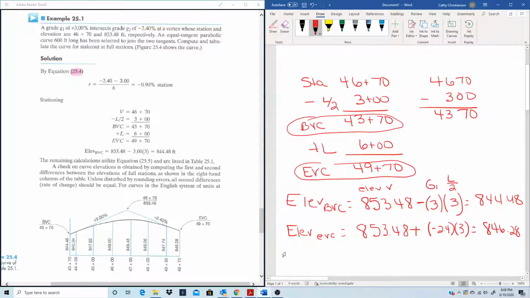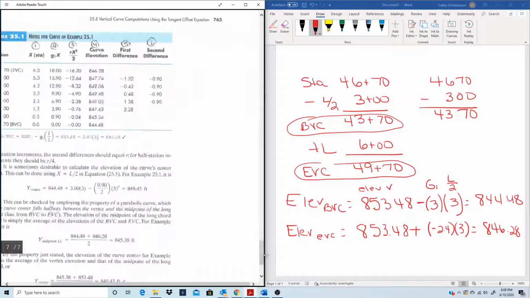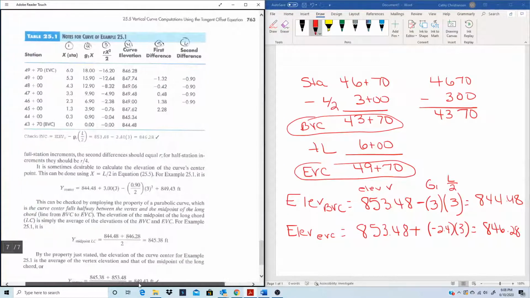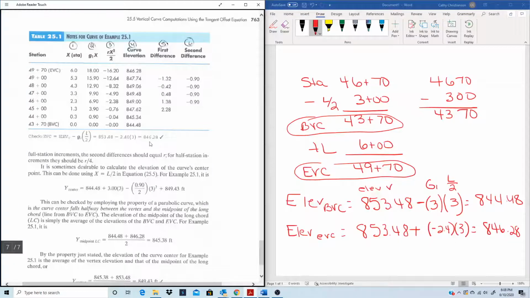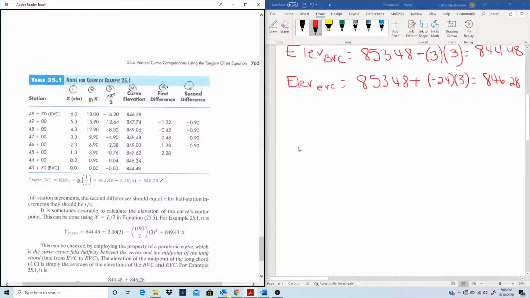I want to set this up in a chart. So I want to kind of set it up just like this. If you set it up in a chart, I'm going to scroll. Alright, so I'm going to put 43 plus 70 at the bottom. That's my beginning vertical curve.